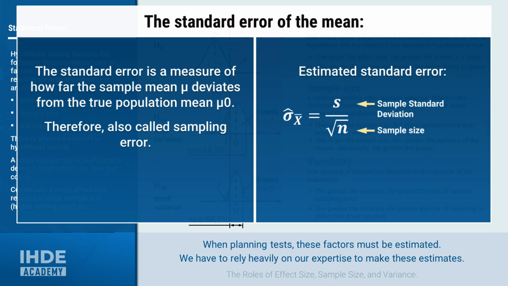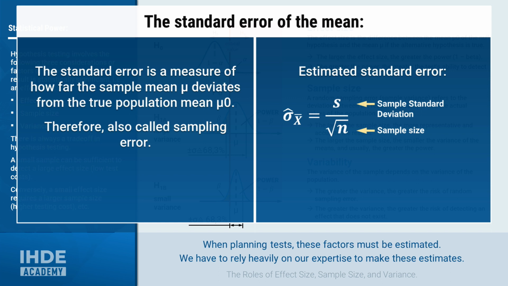What has just been discussed is also visible again in the formula for the sampling error or the standard error of the mean. The standard error measures how far the sample mean deviates from the true population mean. Without going into more detail about the mathematics here, I want to point out that we will frequently encounter the expression S or sigma divided by the square root of n when testing hypotheses, namely in the so-called test statistics.